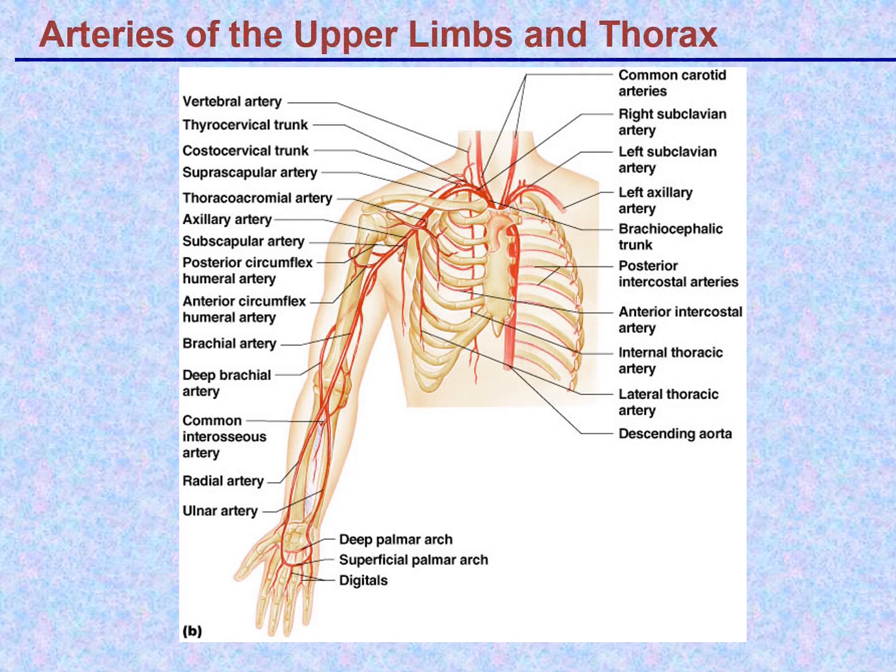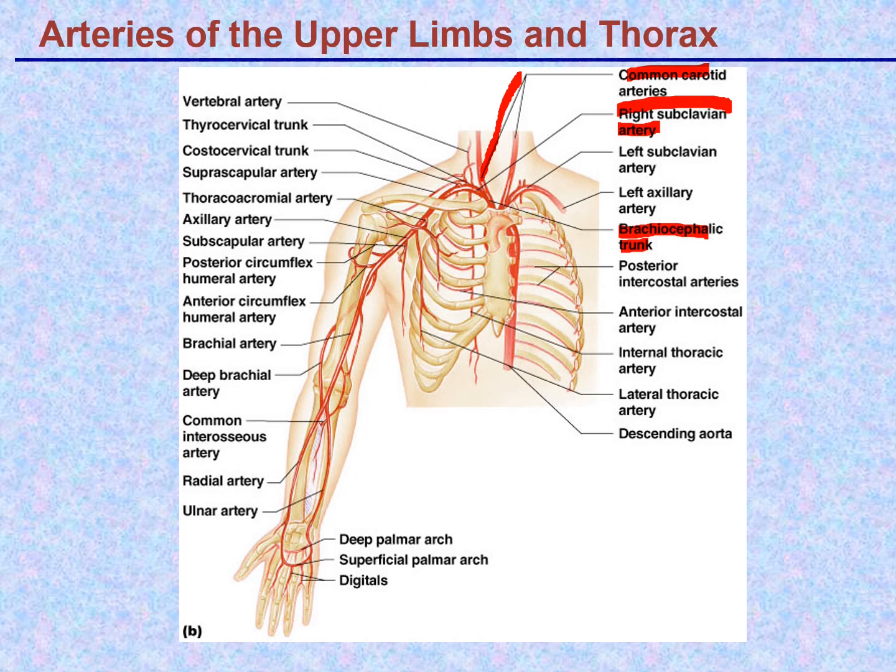This one's, I guess, a little bit better, showing the brachiocephalic trunk on the right side, then the right common carotid artery and the right subclavian artery, off of the brachiocephalic trunk on the right side. This is the right side. Actually, let's not label it that way. Let's label it like this.